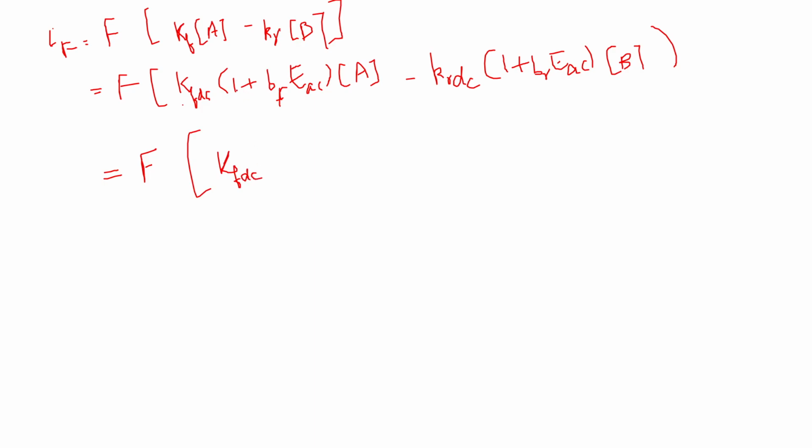KF DC into 1 into A, so that becomes my first term. What is my next term? My next term is KF DC into BF into concentration of A into EAC. Basically, I'm opening the bracket and multiplying it.